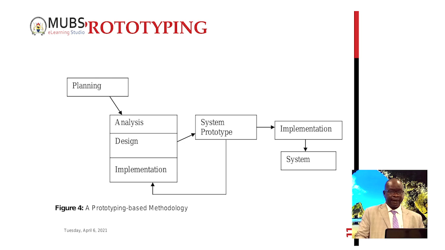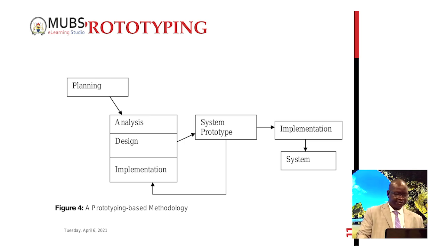And then from there, if problems are still coming, let them communicate to you, because the purpose is to come up with quality software, the software that is going to solve problems of the business. If there are more complaints, you still go back to analysis, design, and implementation. Now you can see it is iterative.